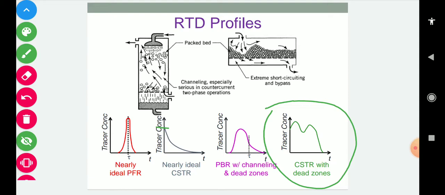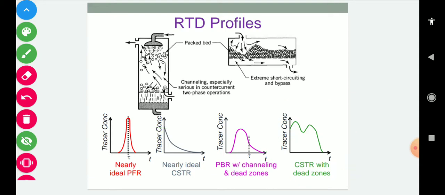But in a real reactor, the mixing is not infinite. Whenever we inject tracer, it takes some time to reach the exit point. So here you can see the peak is not at time t equal to 0, but some time later we get the peak.